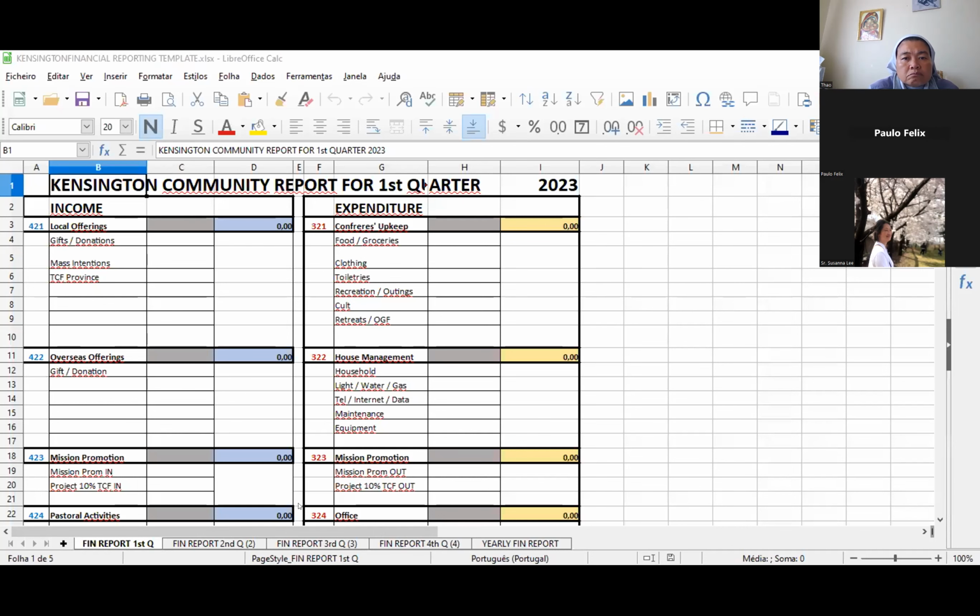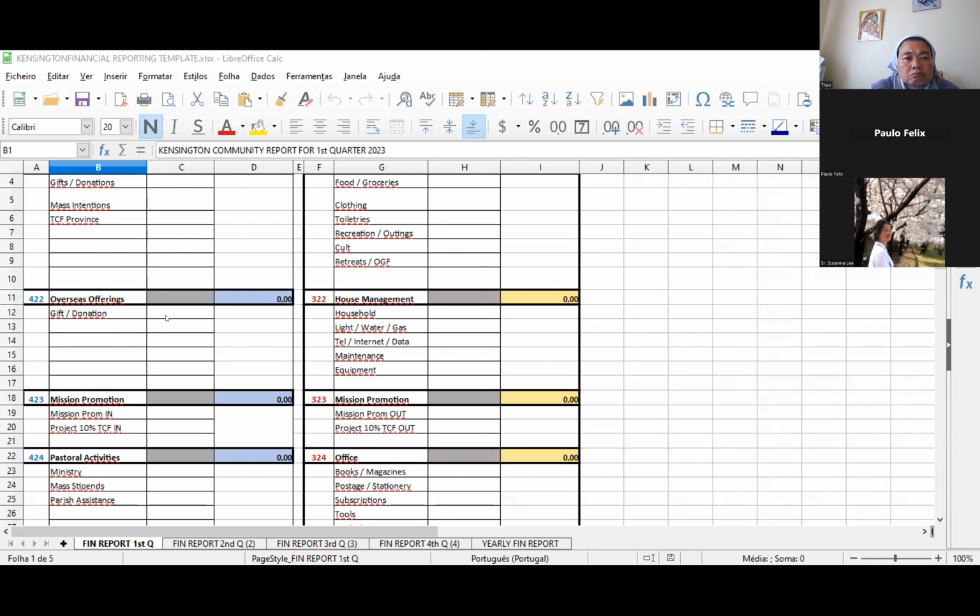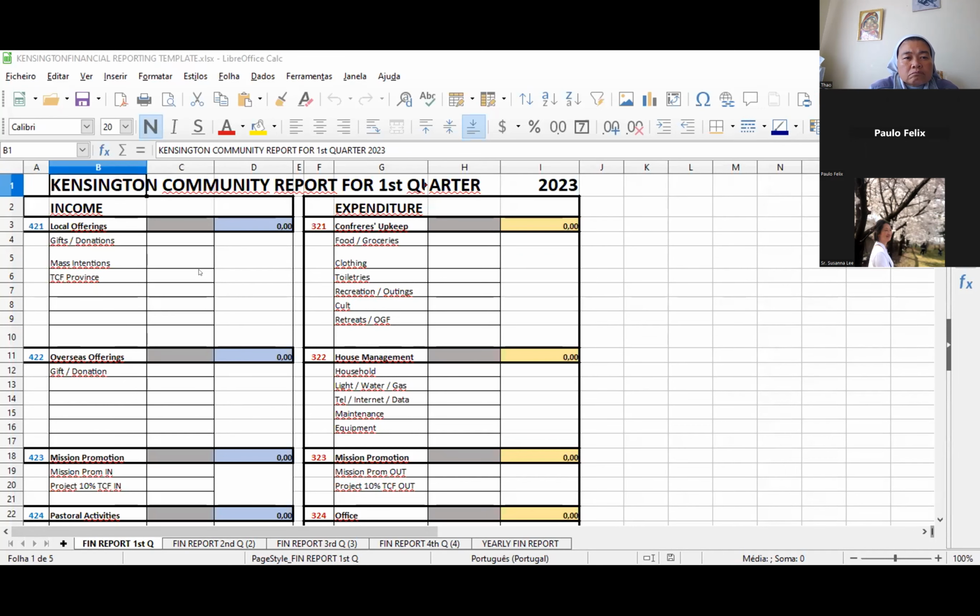Just one more thing. We have what we call a template for each community, showing their financial situation.